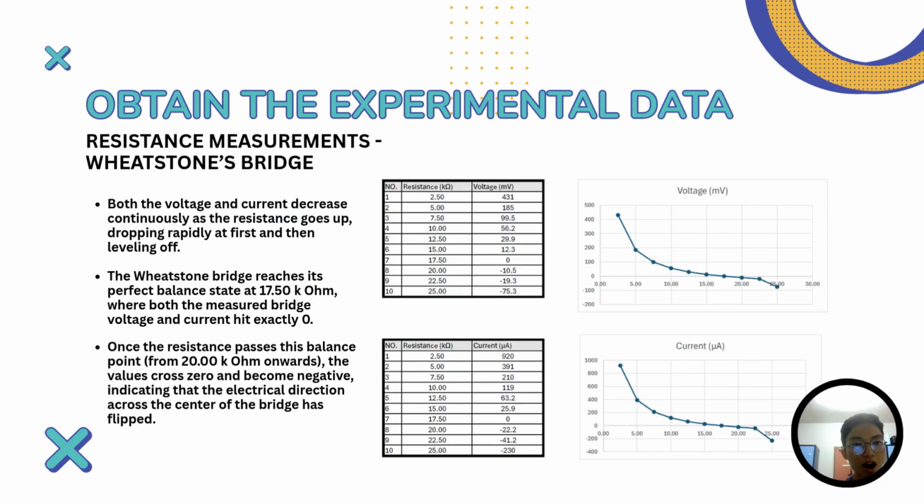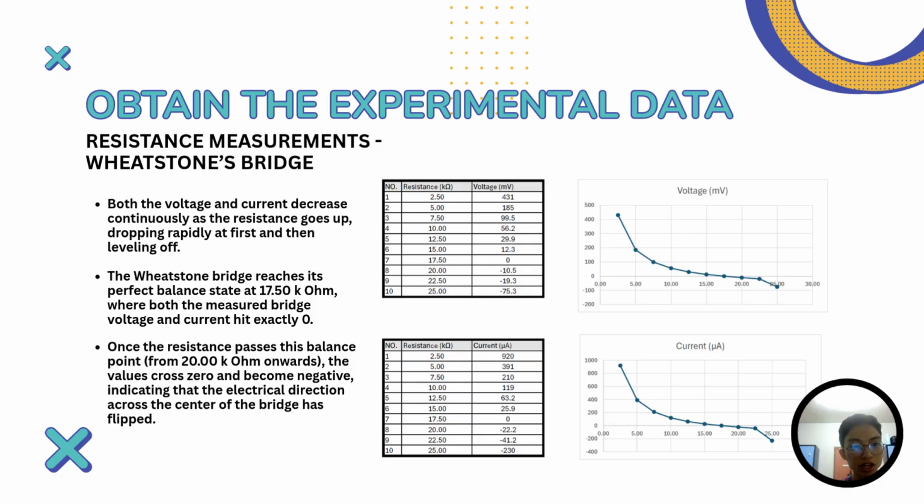And then I put the experimental data into the graph. It shows that both the voltage and current decrease continuously as the resistance grows, dropping rapidly at first and then leveling off.